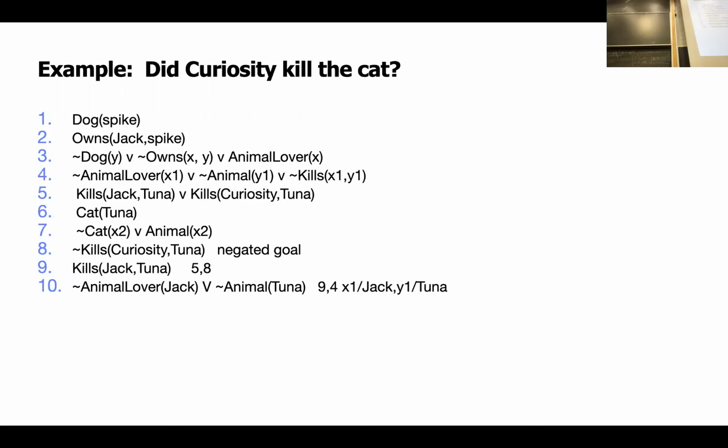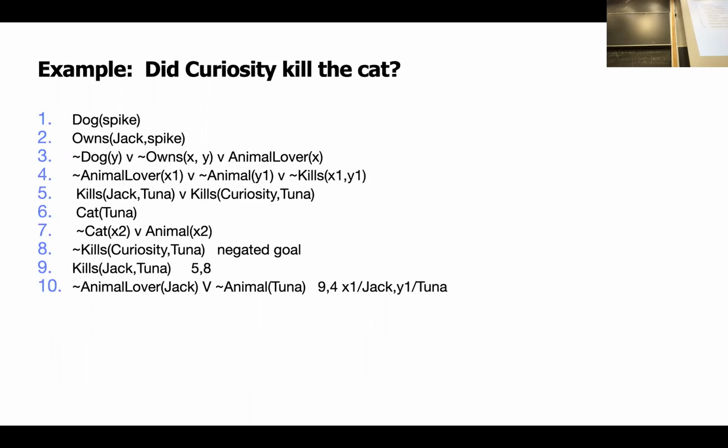What do they have in common? So let's see, 9 and 4. 9 is kills Jack Tuna. 4 is this. So you see, this term kills is what's common, and they could be complementary literals. If we make a substitution, if we substitute for x1 with Jack and y1 with Tuna, these become complementary literals, and then we can apply the unification rule.